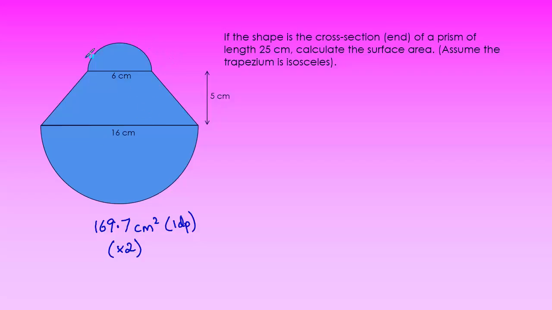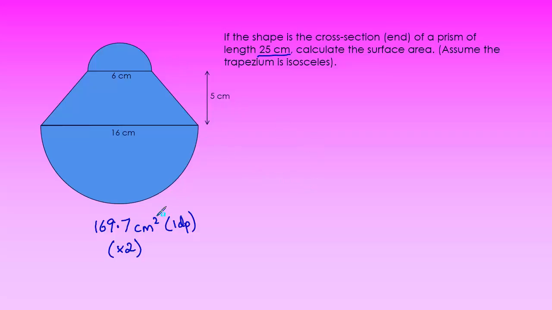So that's the curved surface of a cylinder here, and then there'll be 2 rectangles here and here. But there is a shortcut for doing that. What we're going to do is work out the perimeter of this end shape and then just multiply it by the length. And that will give us the surface area of the bit that goes along the shape.